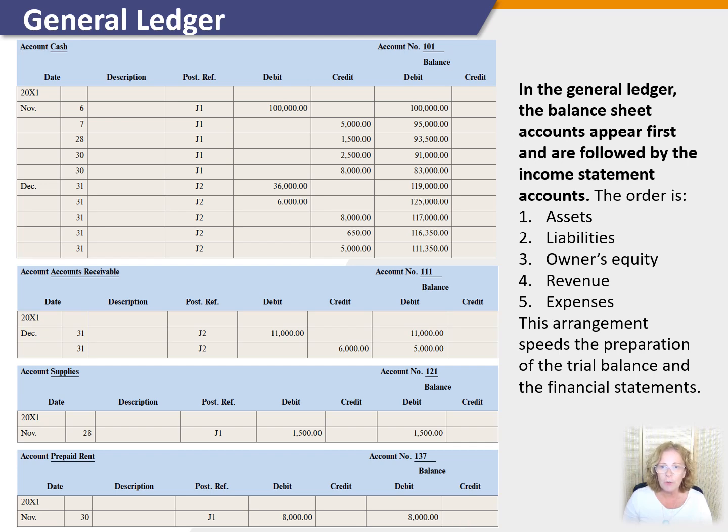In the general ledger, the balance sheet accounts appear first and are followed by the income statement accounts. The order is assets, liabilities, owner's equity, revenue, and expenses. This arrangement speeds up the preparation of the trial balance and the financial statements, and many companies follow this methodology.